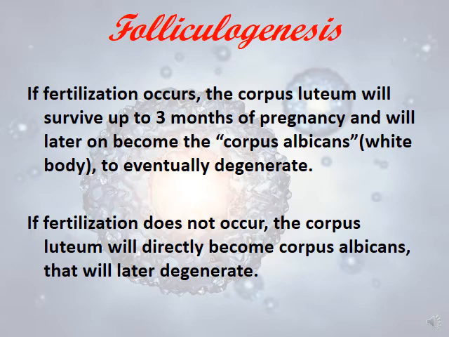So, if fertilization occurs, the Corpus Luteum, the yellow body, will persist for about 3 months of pregnancy and will later become the Corpus Albicans, the white body, and will degenerate.